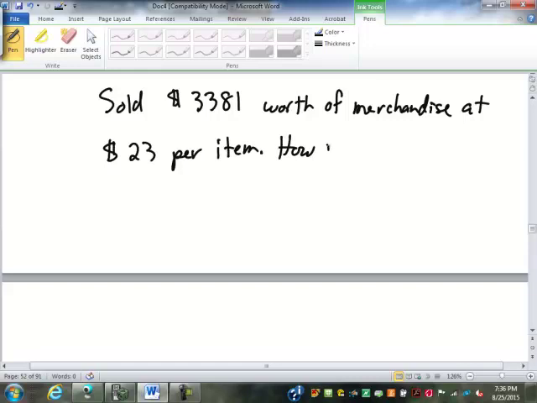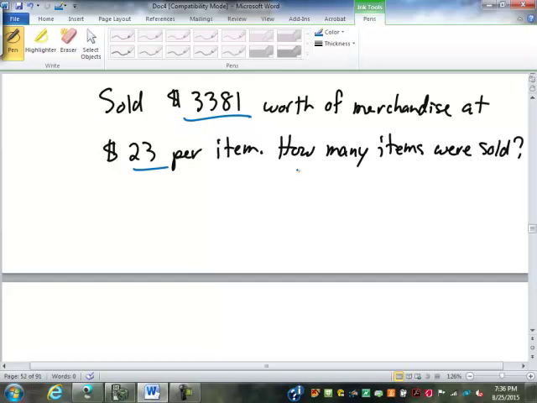How many items were sold? Okay, well, once again, this is one where I'd look at it and you can see that you're just going to take the total sales divided by 23. But how would we set that up?